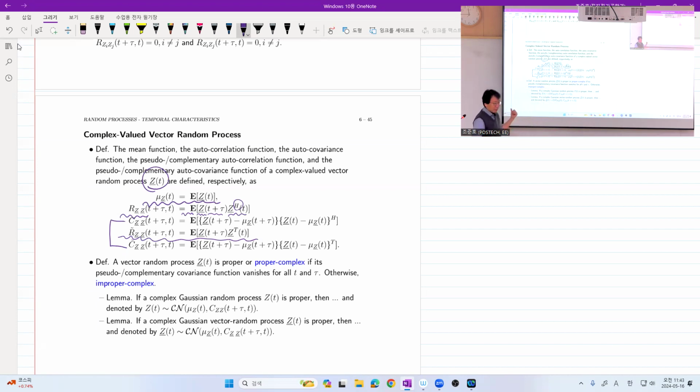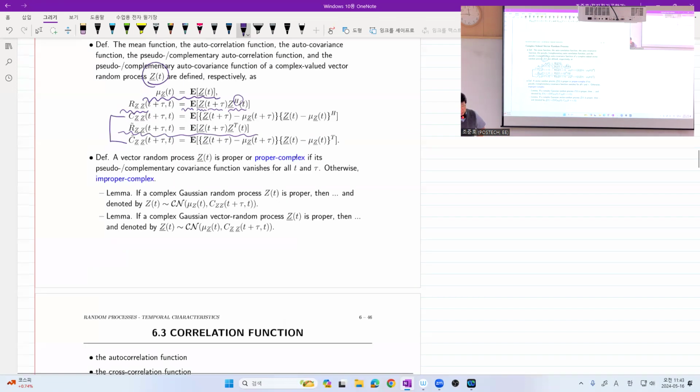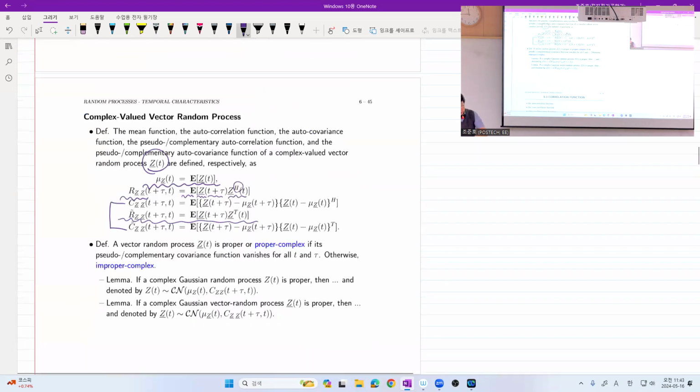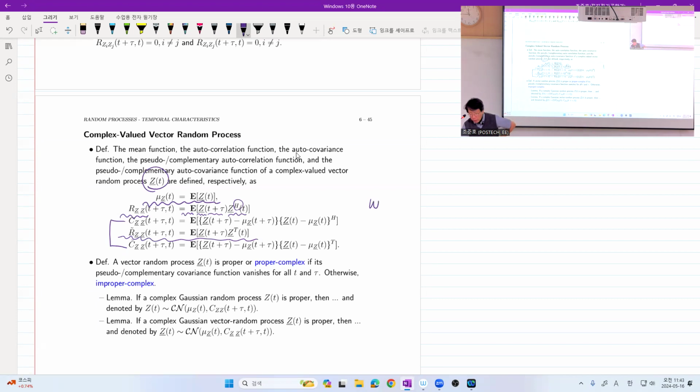So let's see the case. What about wide-sense stationarity and covariance stationarity of a complex-valued random process? I didn't write it here, but wide-sense stationarity means what? Mu sub z is some constant vector for all t. That is the first condition. What would be the second one? The autocorrelation function is a function only of the time difference.